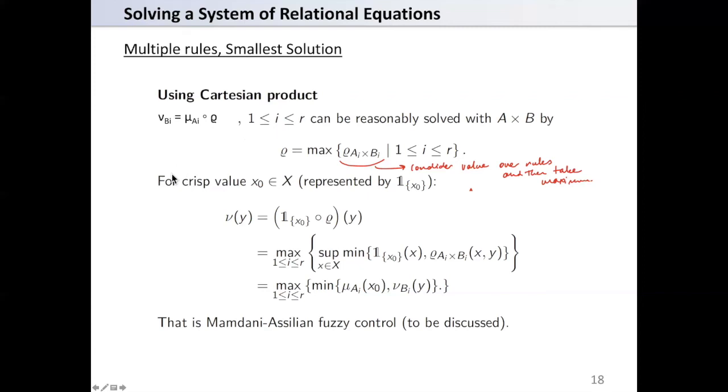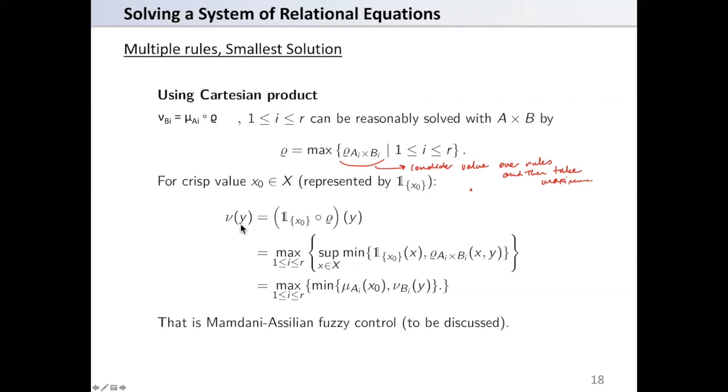Suppose that the measured value for x is x0. So the crisp value x0, an element of the reference set X, is in fact represented by the function 1 at x0. This is the representation of the crisp value x0.